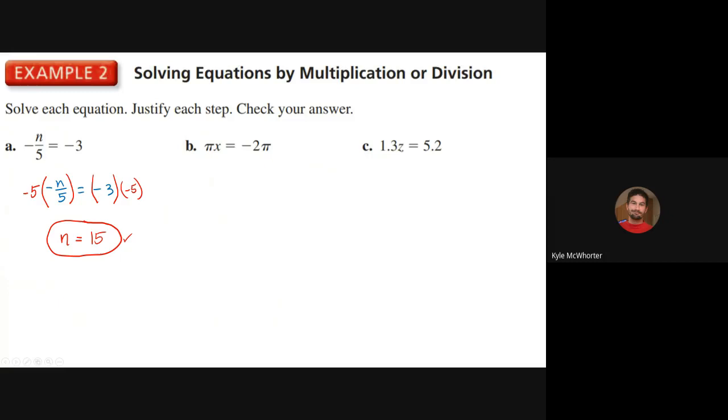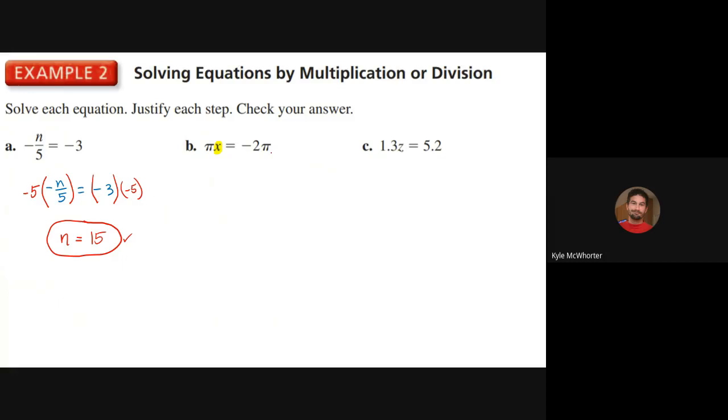All right, B might be a little aesthetically confusing, like the way it appears might make you say, huh? But your job when you're solving an equation is always to first identify the variable you want to solve for. So the variable we want to solve for in this situation is x, right? Pi is actually just a number, right?